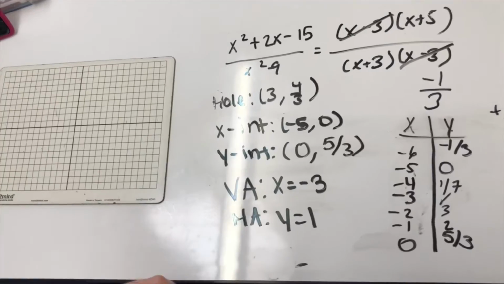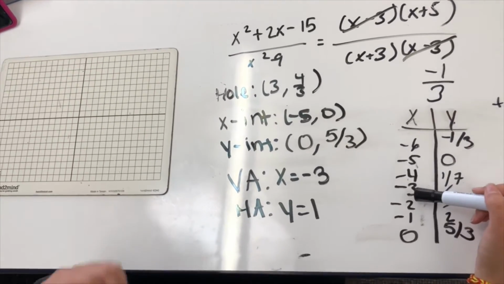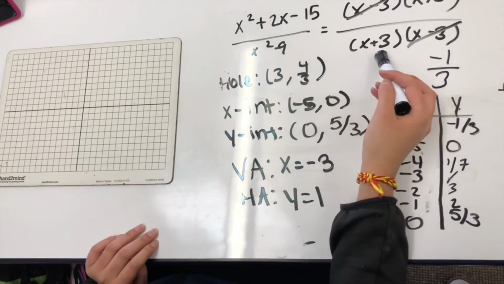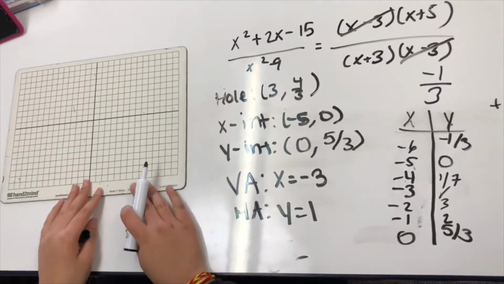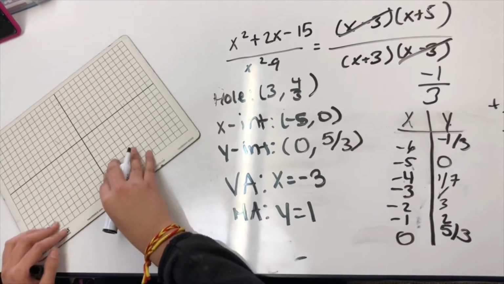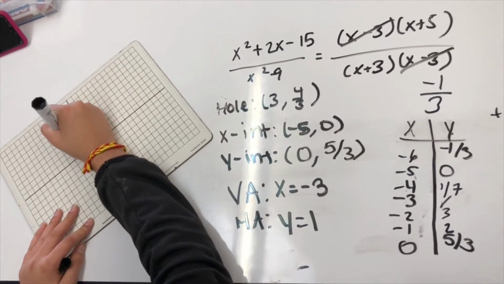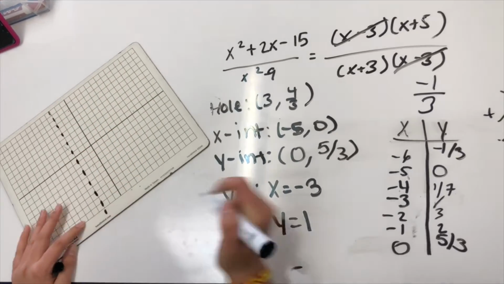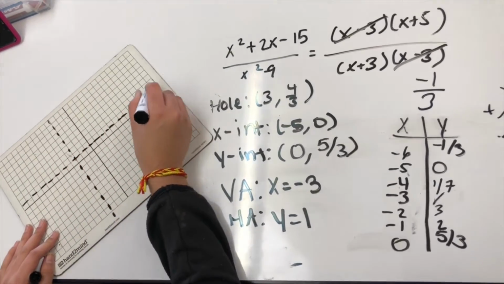We will graph. Make a table with your x and y values by substituting the x's in your simplified equation to get the y values. First, draw your vertical asymptote, which is x equals -3. Then draw your horizontal asymptote, that is y equals 1.